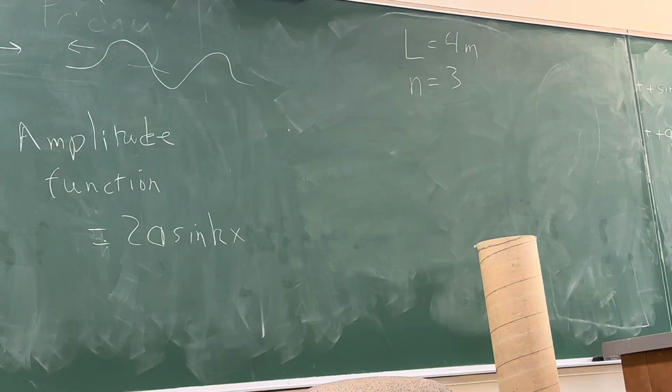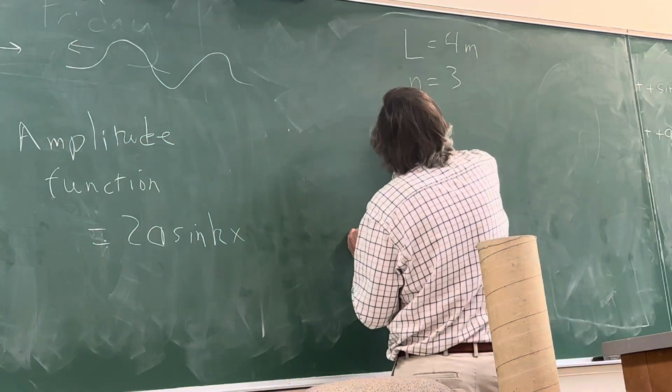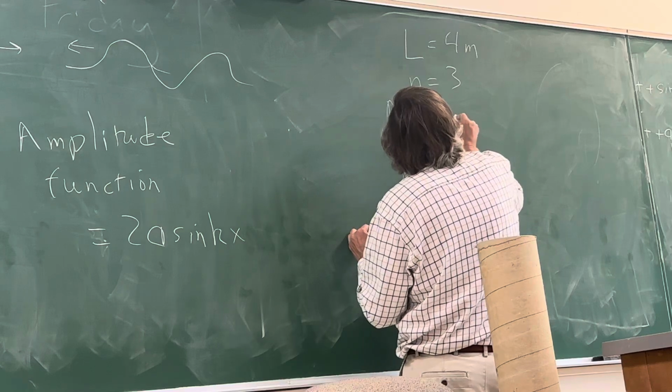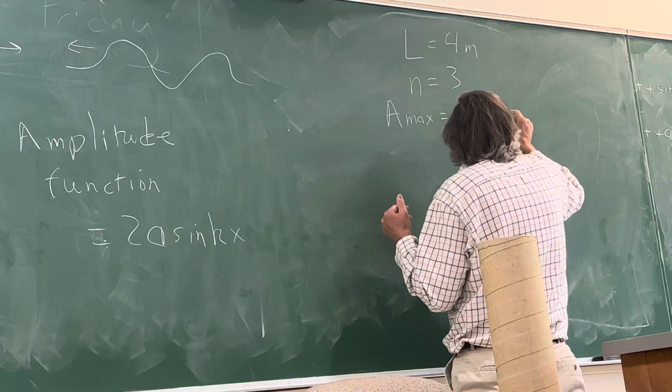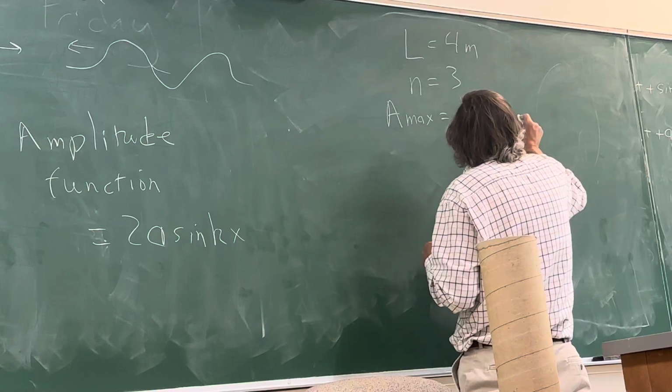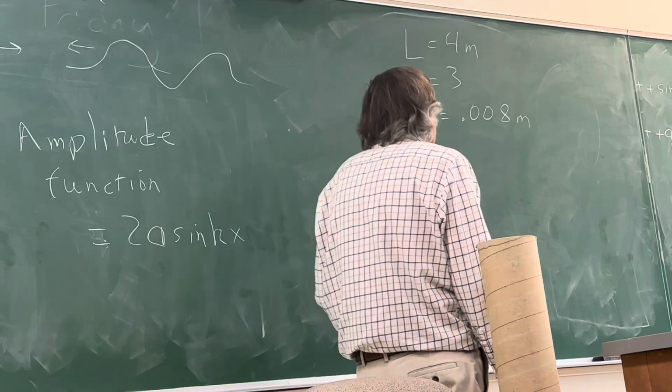I'm going to say it's tied at both ends. That's actually all we've done so far. And I'm going to say the maximum amplitude, A max, is going to be, let's say, 0.008 meters. Okay, that's fine.